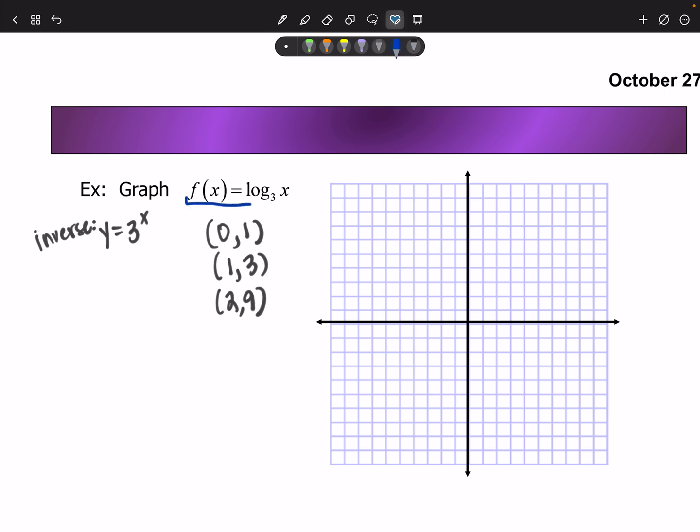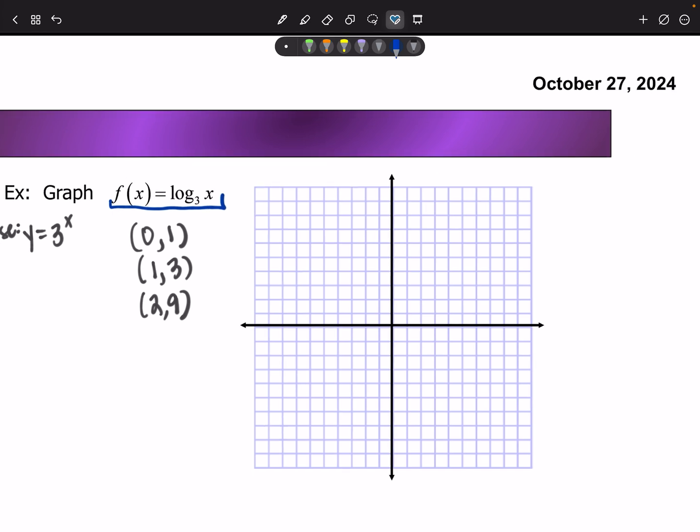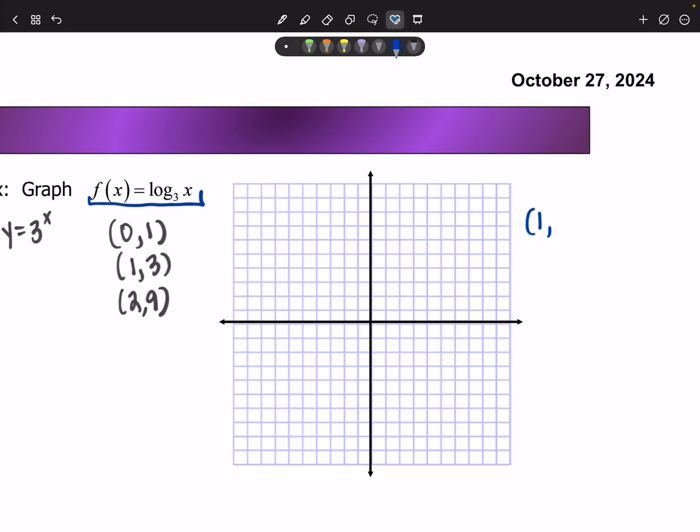So f of x equals log base 3 of x would have ordered pairs of (1, 0), (3, 1), and (9, 2). And again, we know that this is going to come around here and hug that vertical asymptote of x equals 0.